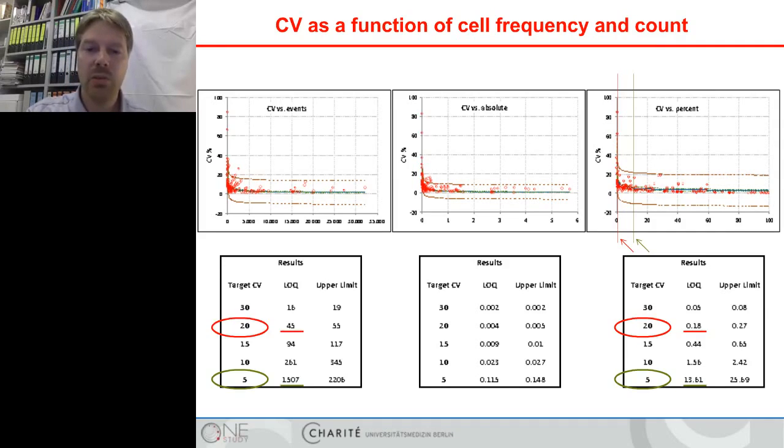The same is true if you look at the counted events, and that is not necessarily related to the relative size of a subpopulation. If you are counting 45 events, you will see a CV of about 20%, and you have to count more than 1,507 events to get a CV less than 5%.